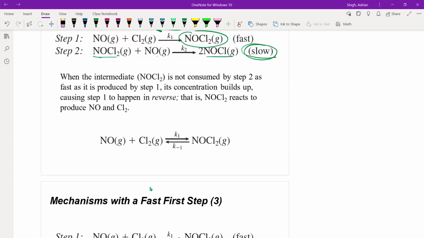So we have the NO reacting with the Cl2 to produce NOCl2 via the K1 rate constant. Then we have the NOCl2 going back this way via the inverse rate constant, K to the minus 1.